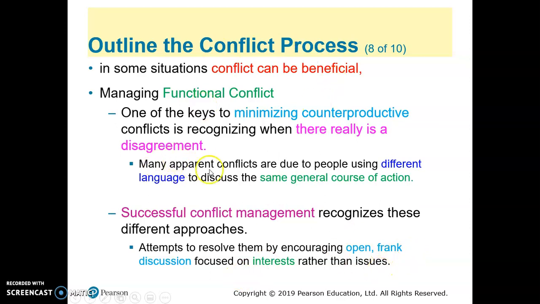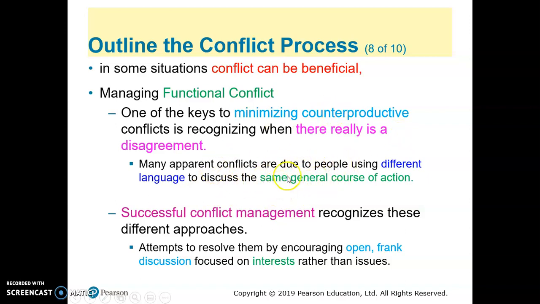So they attempt to resolve them by encouraging open, frank discussions that focus on interests rather than issues. So in order for the conflict to become functional, first it is important to recognize that the disagreement exists, maybe because of the diversity of the employees, diversity in terms of background, religions, races, and so on.